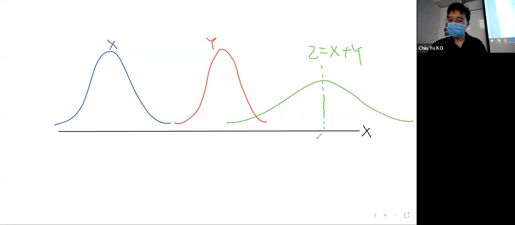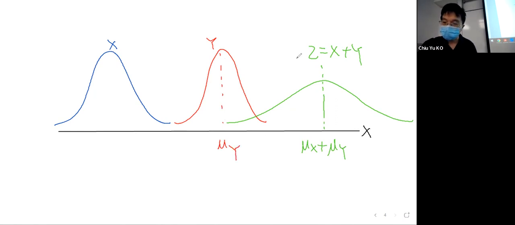The mean will be mu of X plus mu of Y. If you look at this carefully, this is mu of X, sorry, mu of Y. So this is the graphical meaning of what we are saying. If you subtract, it is the same, but the mean just moves. The variance is the same for both cases, whether you subtract or add.